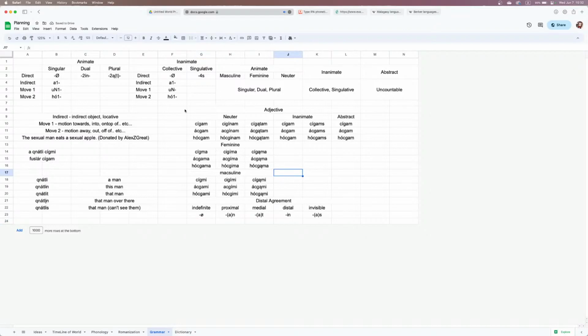Okay, so let's see. So I think that is good. Let's see, Guillemot.